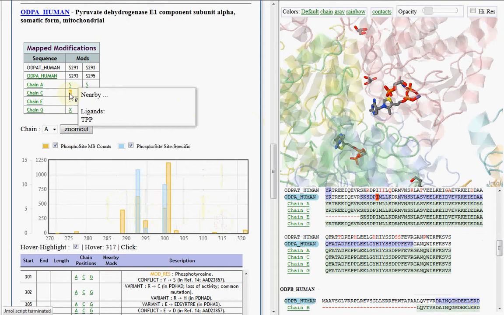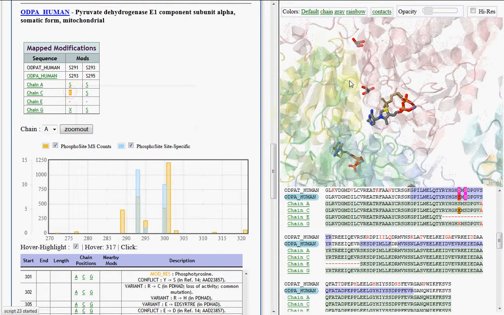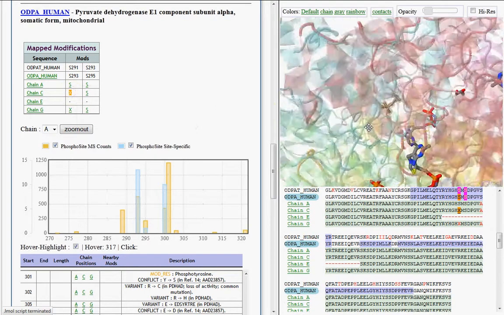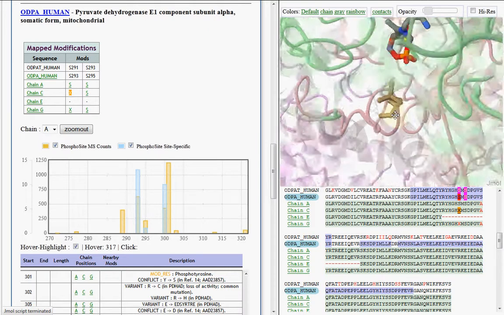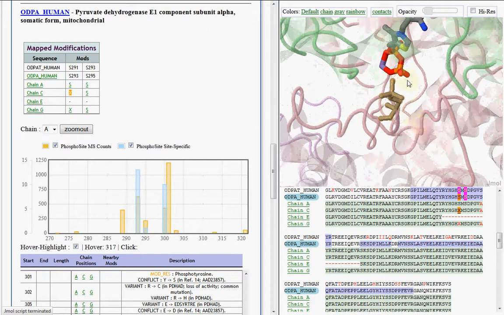And you'll notice that on chain C, serine 293 had a hit, namely that it was located near thiamine diphosphate. And if you click on it, you'll notice that it's actually phosphorylated in the crystal structure, because it is a common phosphosite, and it is actually well known to regulate kinase activity.